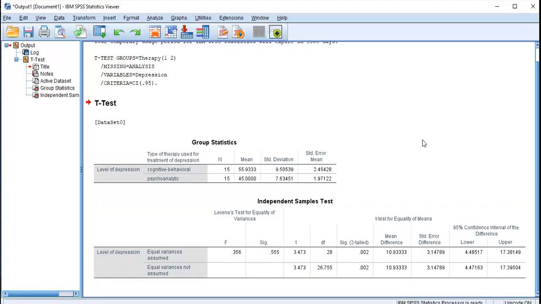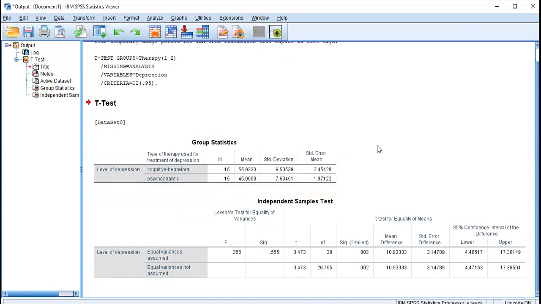We are now seeing the output file where we have the level of depression, cognitive behavioral, where we have taken 15 people. Psychoanalytic, we have again taken 15 people. Mean for cognitive behavioral is 55.933, whereas for psychoanalytic it is 45.000. Standard deviation is 9 for cognitive behavioral, 7 something for psychoanalytic.